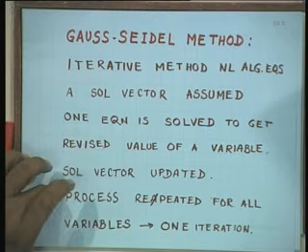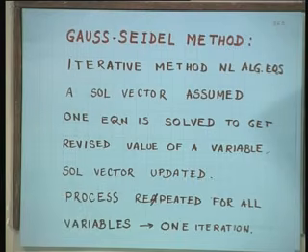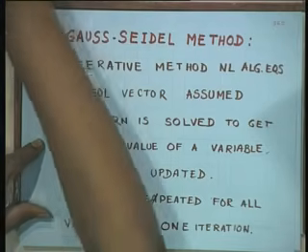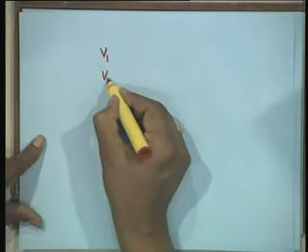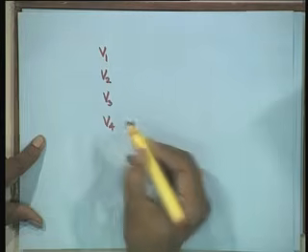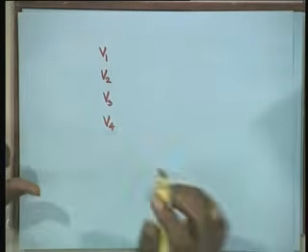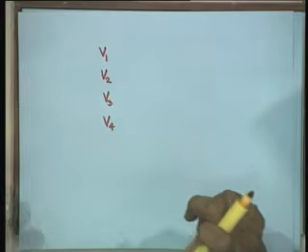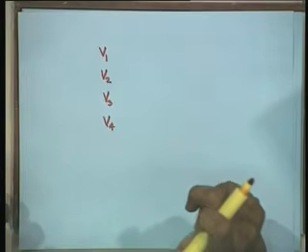Immediately the solution vector is updated. What I mean here, suppose you have started, let us do it here. Say you have a 4 bus system, V1, V2, V3, V4. Luckily, to start a load flow solution, we know the solution vector with which we should start.